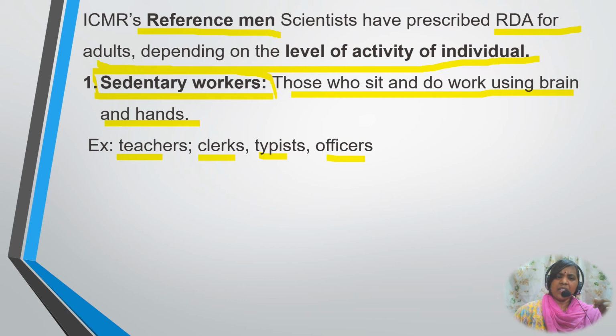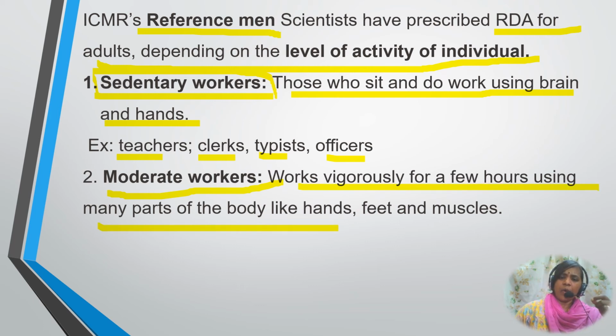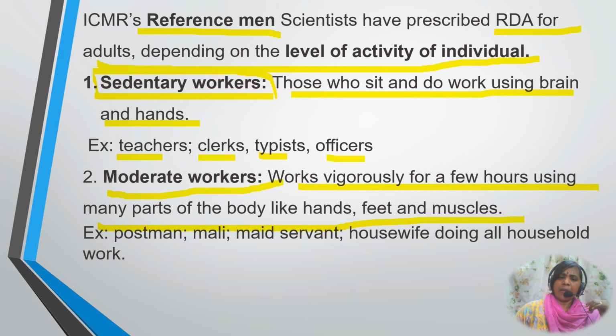So that is sedentary workers. Then moderate workers are those who work vigorously for a few hours using many parts of the body like hands, feet and muscles. The examples given for them are postman, mali, maid servant, housewife doing all the household work. So this is grouped under moderate workers.